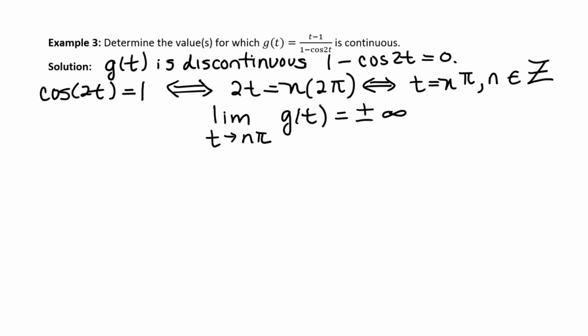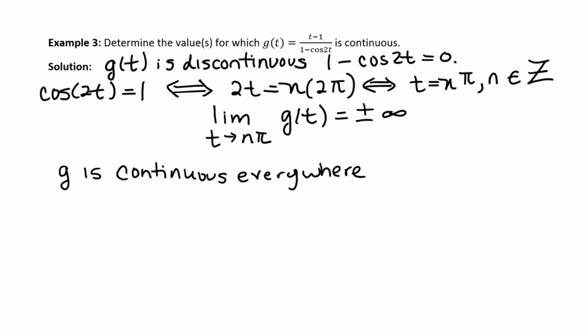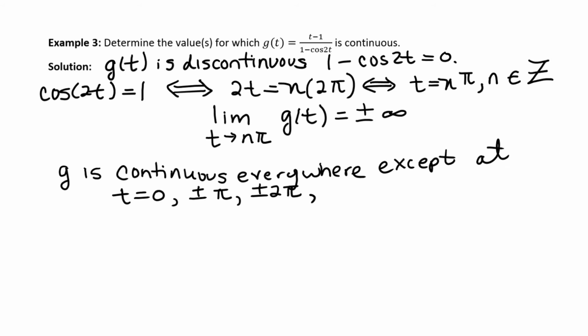Then we can conclude the function g is continuous everywhere except where t equals 0, plus or minus pi, plus or minus 2 pi, plus or minus 3 pi, and so on.